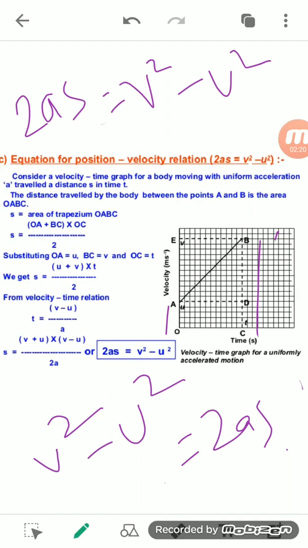So this is the third equation of motion with the help of the graph, that is V square minus U square is equal to 2AS.